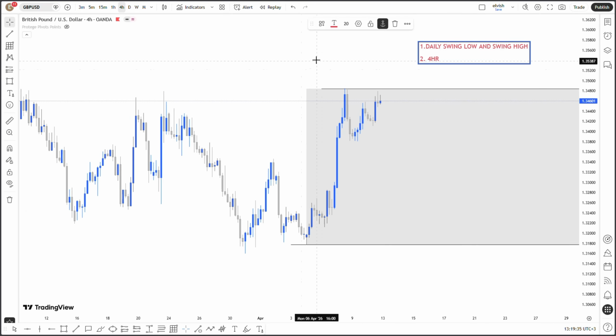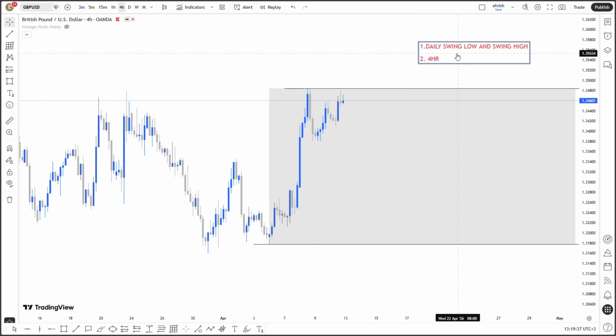Actually, another thing is that I'm going to use the Fibonacci or the gun box, but for this case, I'm going to be using the gun box to find my premium and discount.